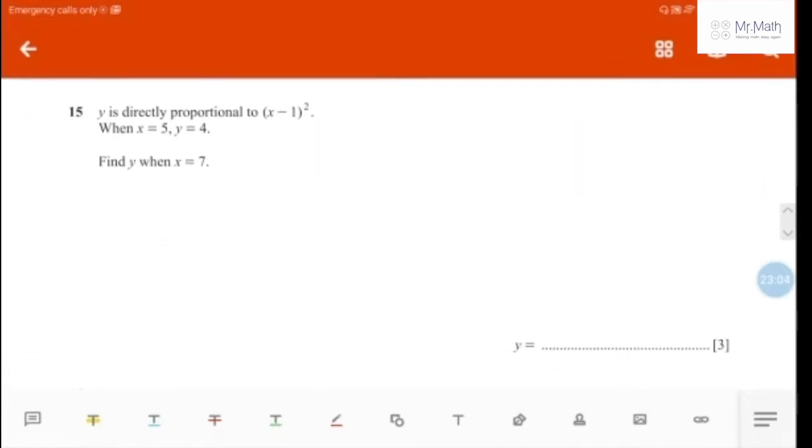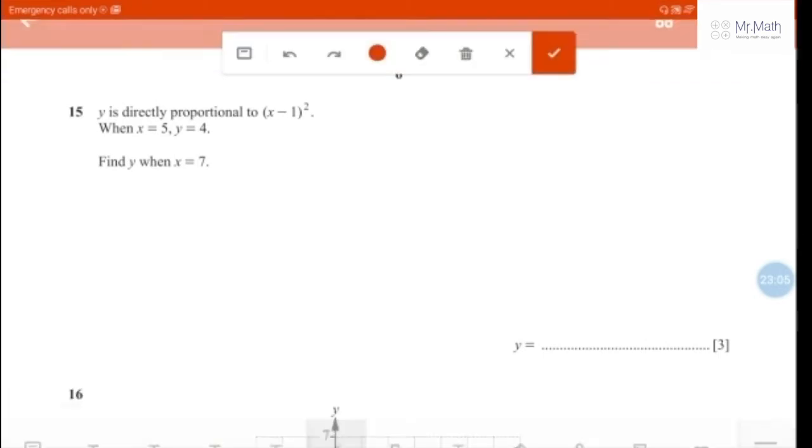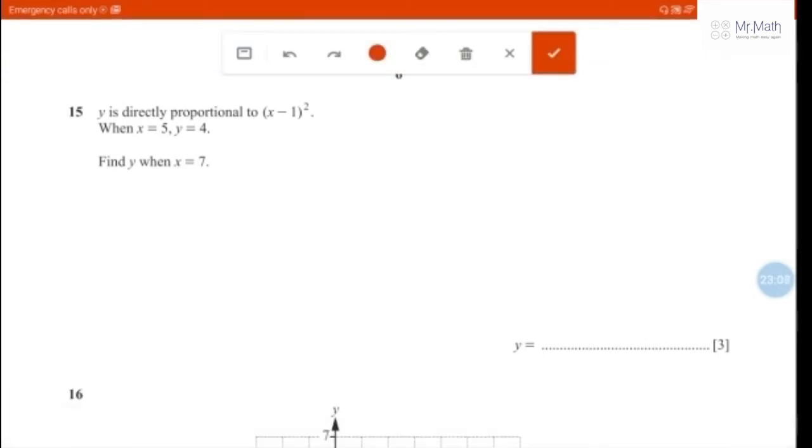Now, in question 15, it says y is directly proportional to x minus 1 squared. When x is 5, y is 4, find y when x is 7. Now, since this is a direct proportion question, y is equal to k times x minus 1, all of it squared.